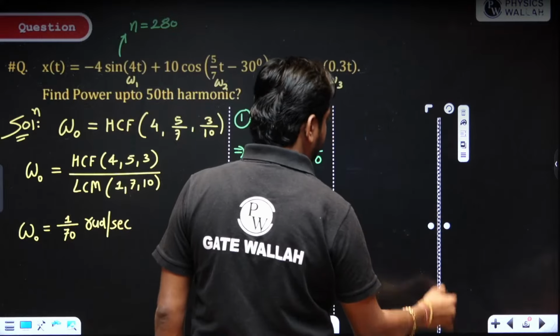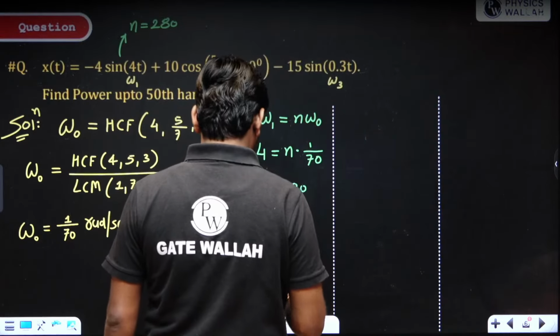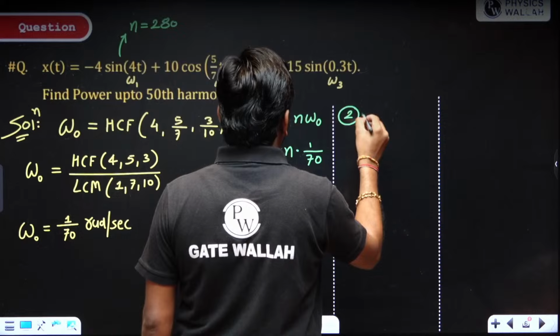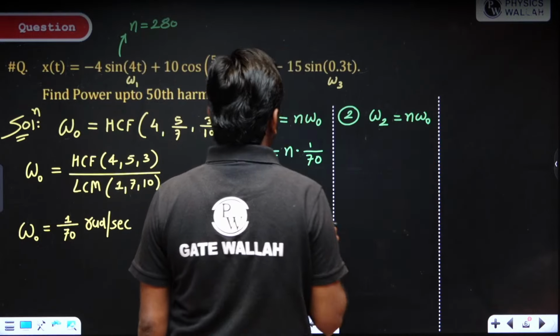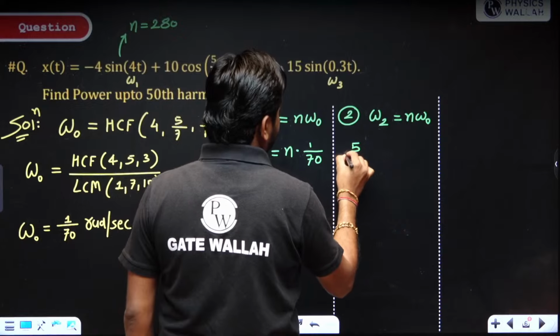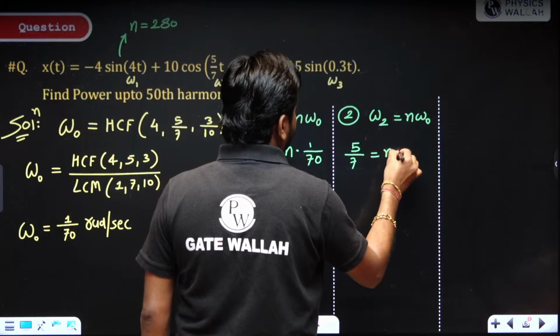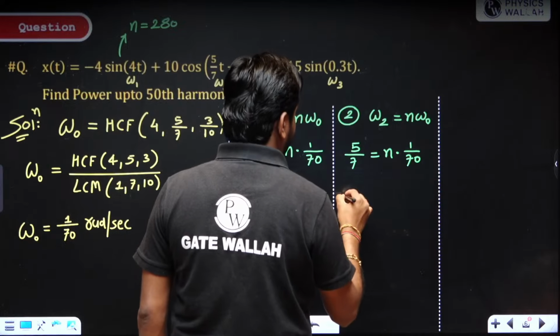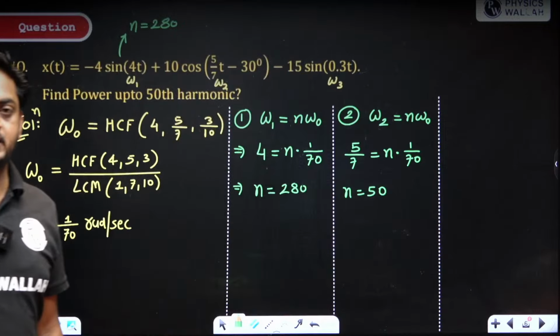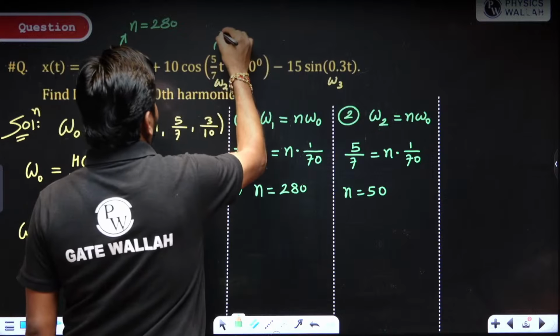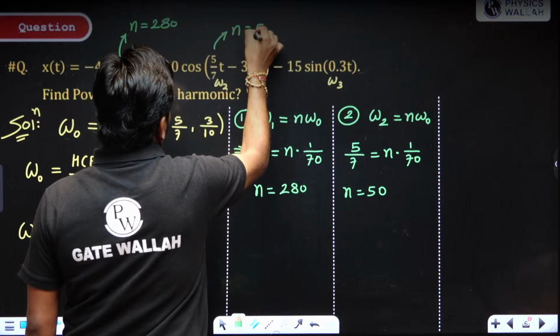Second and third, guys, there are three frequencies, right? So second is omega 2 equal to n into omega 0. The second frequency is 5 by 7, compared with n into 1 by 70. So here the value of n is 50. Yes or no? n is 50, guys. The 50th harmonic.